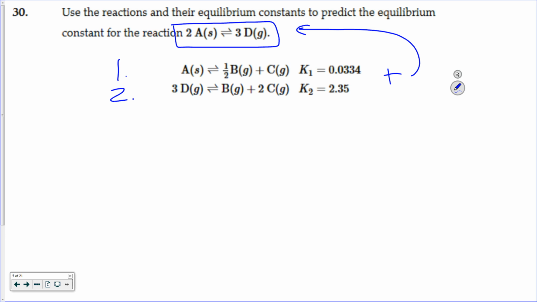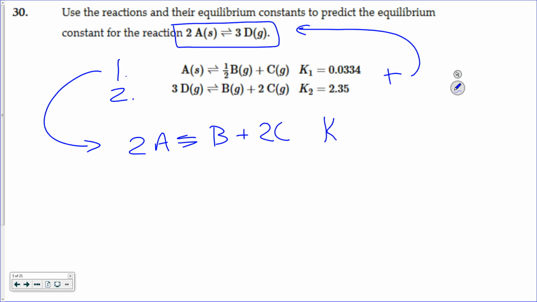All right, so I'm going to rewrite 1 as 2A yields B plus 2C, and its value now, I'm going to call it K1 prime, is equal to K1, and I use 2 copies of it, so I'm going to square it.